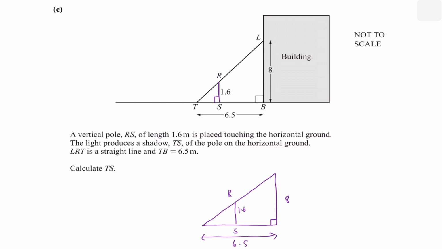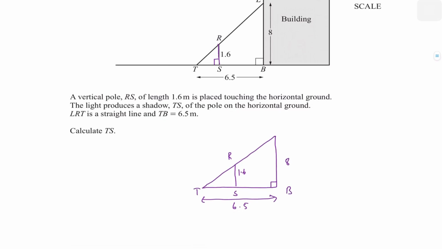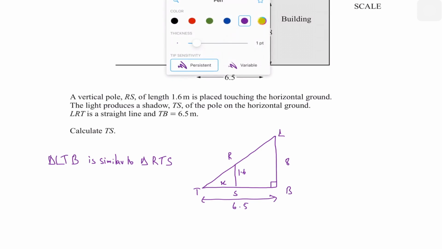This is T, this is P. If this entire length is 6.5, let's call this X, and the two similar triangles are triangle LTB is similar to triangle RTS. The reason is very simple.